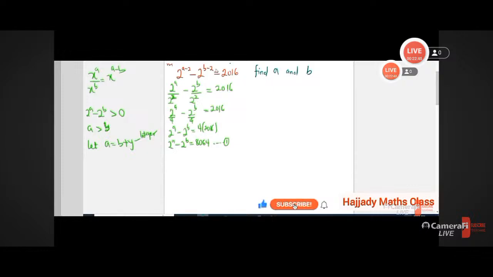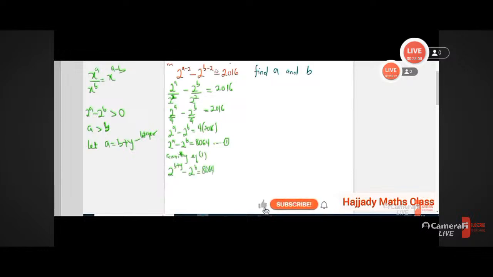Since a is now equal to b plus y, rewriting equation 1, I'm going to have 2 raised to power b plus y minus 2 raised to power b equals 8064.